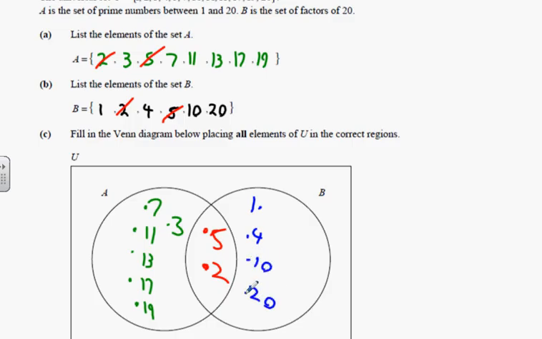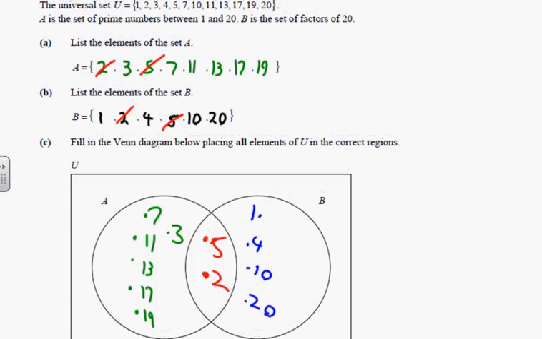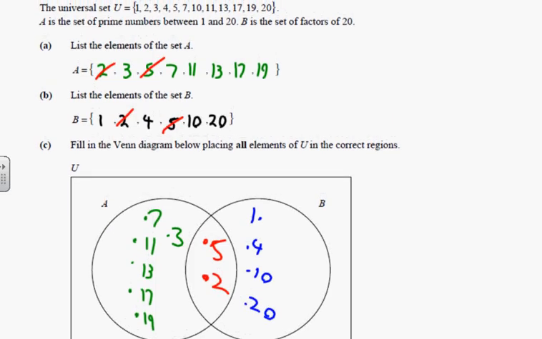Is there any numbers I left out that haven't been used at all? 1, 2, 3, 4 has been used, has it? Has 5 and 7 been used? Has 10 and 11 been used? Has 13 and 17 been used? And has 19 and 20 been used? So we've used everything in this, haven't we?